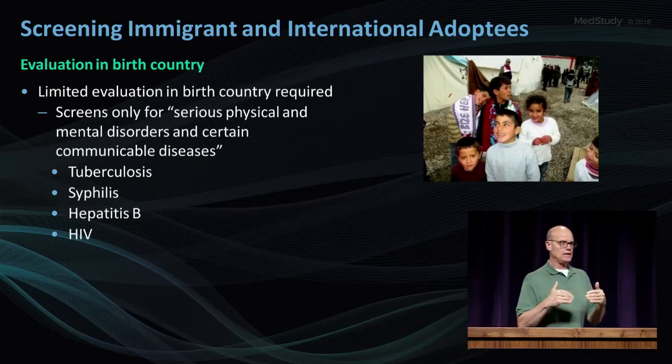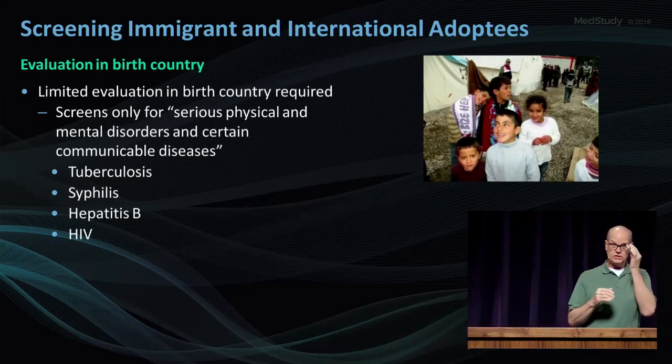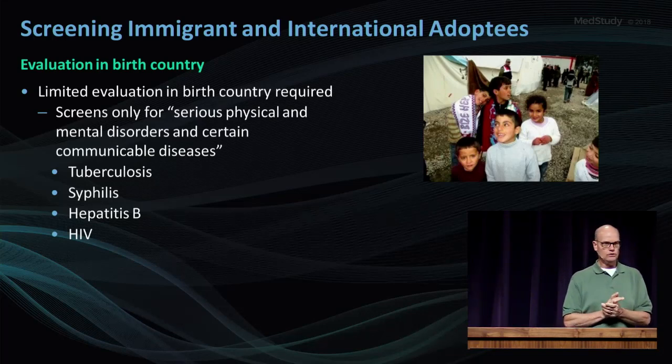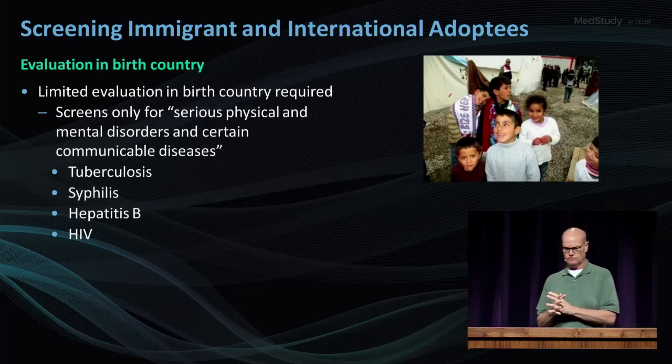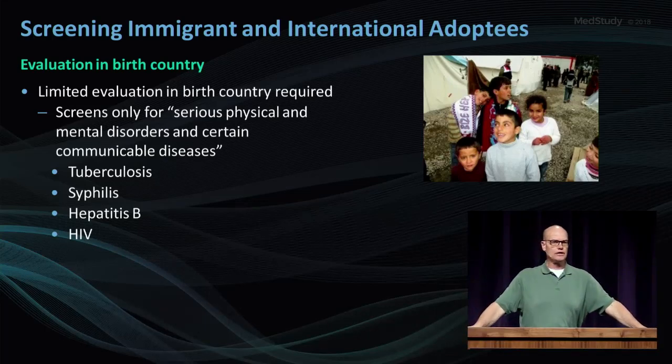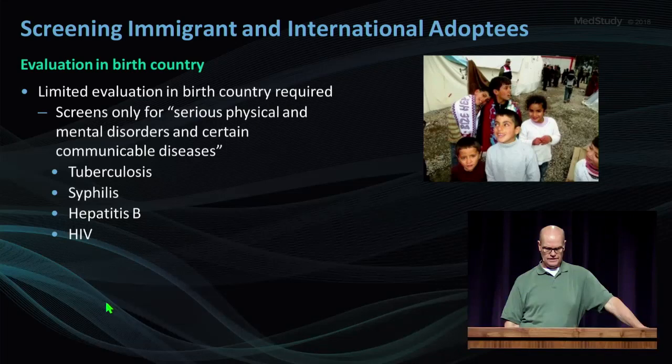The Academy has put out more and more recommendations about caring for this group of children in recognition of the fact that the number of children from these categories continues to increase. And if these children get any screening in their home countries, it's going to be very limited to one or more of these particular illnesses.